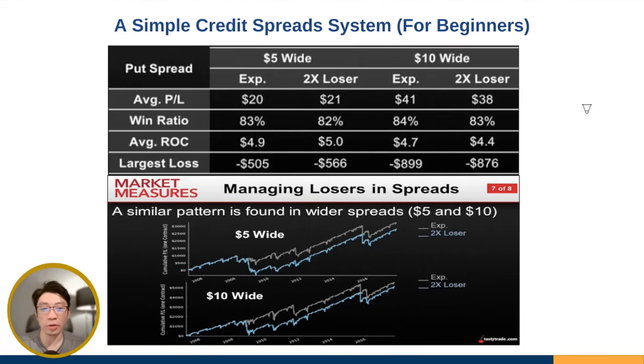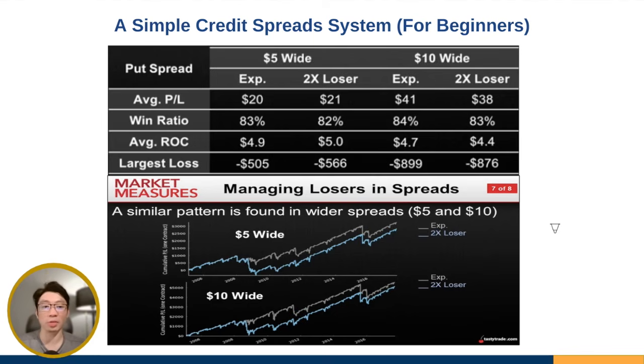In the long term, over a number of trades, from 2006 all the way to 2017 or so, which is about 10 years plus, you will see that if you were to hold to expiration, you will actually do better than if you were to cut off at 2x losers. So based on the studies, having a stop loss actually does not do you better than just having the credit spread by itself and holding to expiration.